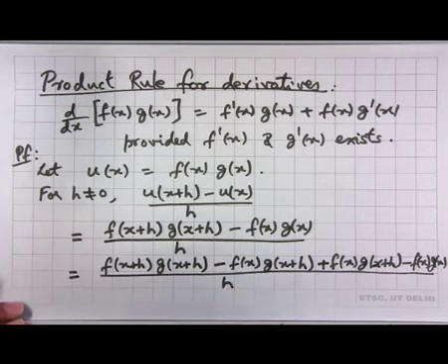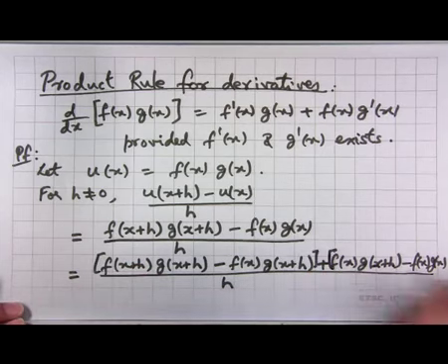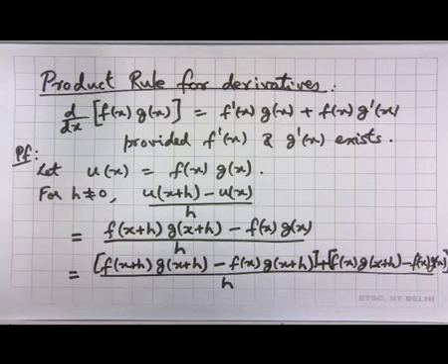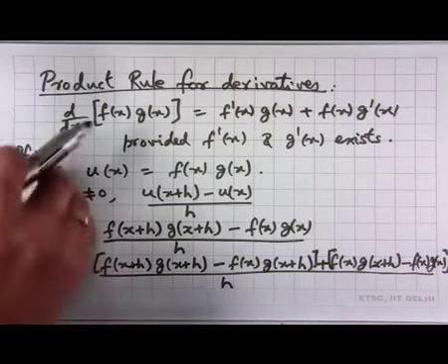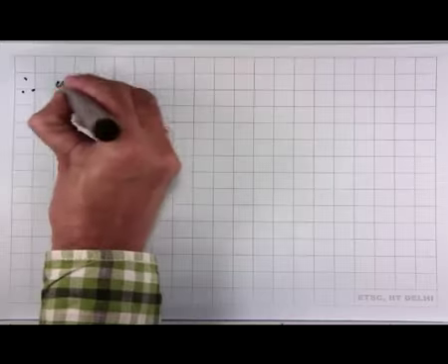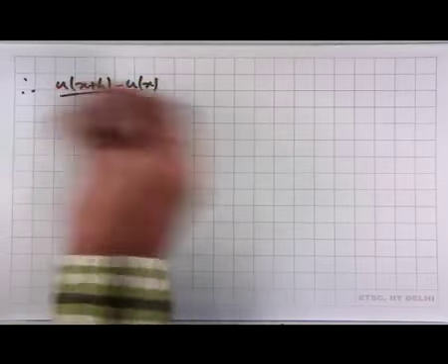So, we write like this and then group the first two terms and the last two terms. Now, in the first two terms, g of x plus h is common.